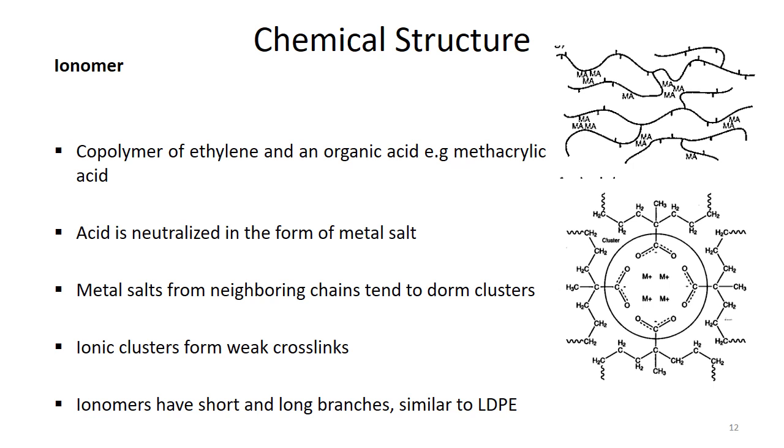Just like we have 2 or 3 chains, and their carboxylate groups are linked together, and this type of cluster is formed. So ionomer also contains short and long branches which are similar to those found in low density polyethylenes.